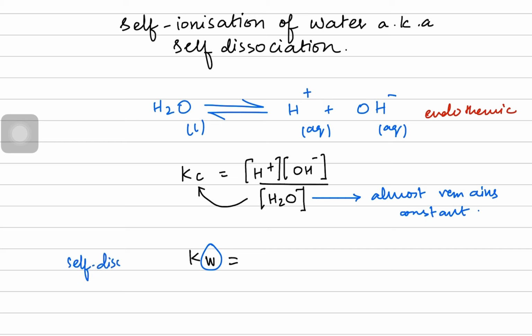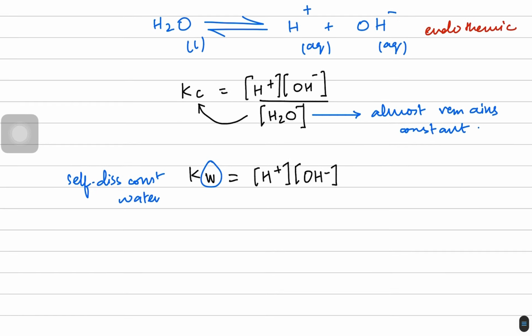So Kw is the self-dissociation, also known as the self-ionization constant for water, which is equal to the product of the H+ and OH- ion concentration. When we try to understand this idea, we need to know that this value stays constant at 25 degrees at 1 exponent minus 14. And this is the product of the concentration of two things which are in 1:1 ratio.